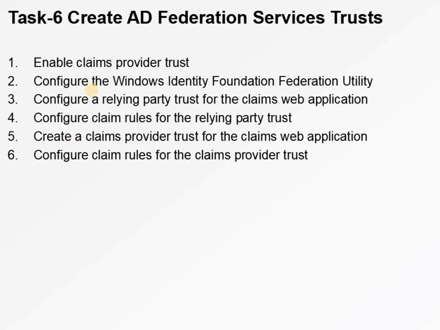So in this first task, enable claims provider trust. The claims provider is an ADFS server that hosts users with the signed token containing claims. A claim is a statement that describes a user, like name, email address, user principal name.